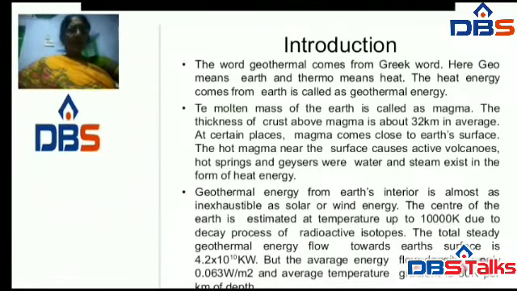Then the outer part is called the crust. The crust is the outermost layer of the earth, the land that forms the continents and the ocean floors. It can be 3 to 5 miles thick under the oceans, and nearly 25 to 35 miles thick on the continents.